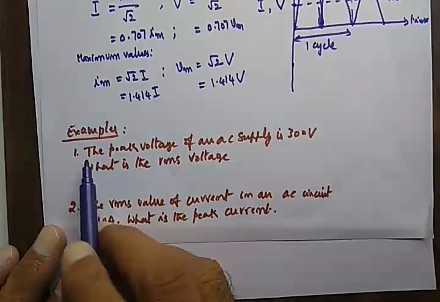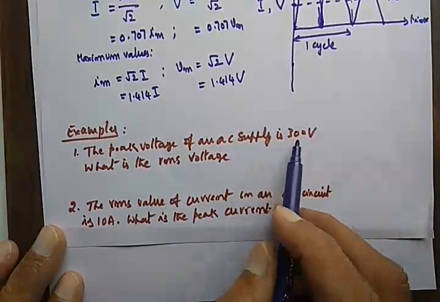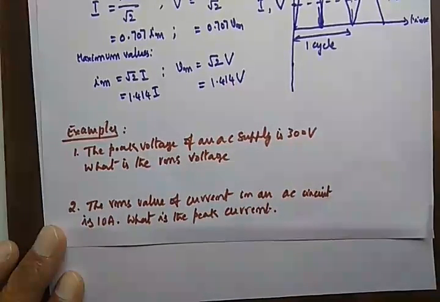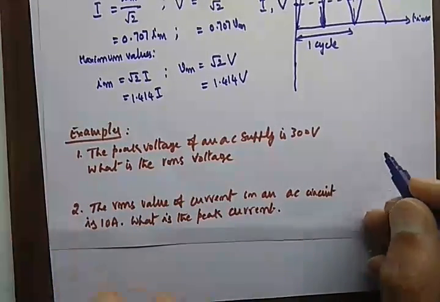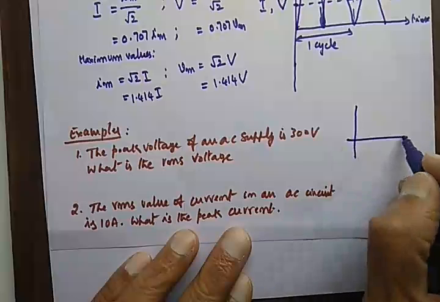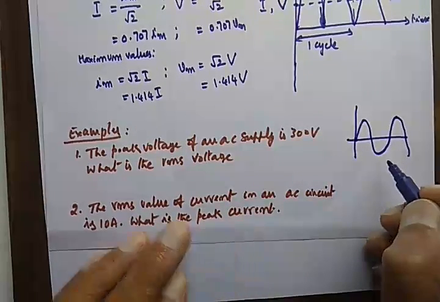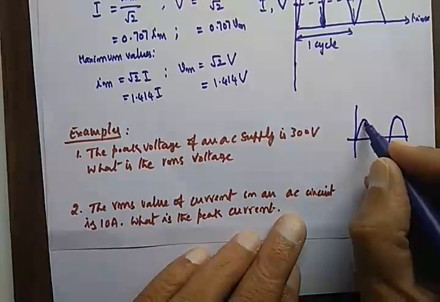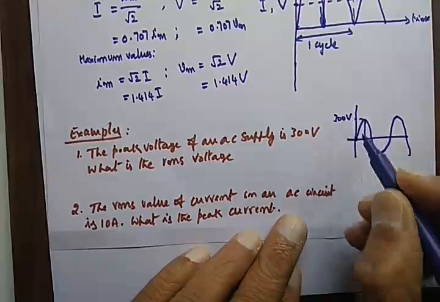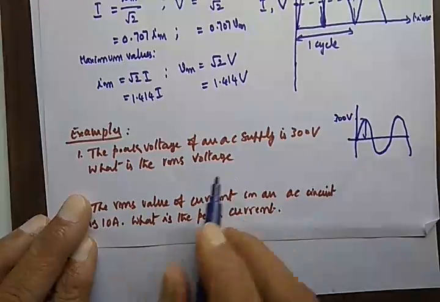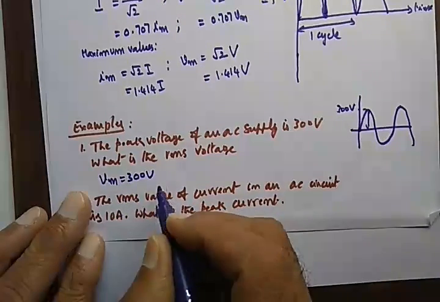For example 1, the peak voltage of an AC supply is 300 volts. What is the RMS voltage? The peak voltage is given. Let me draw a diagram. The peak voltage of the AC supply is 300 volts. What is the RMS value? VM is 300 volts.